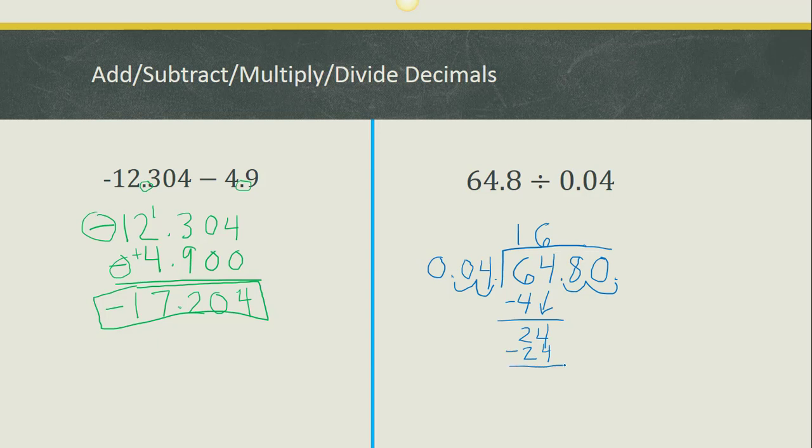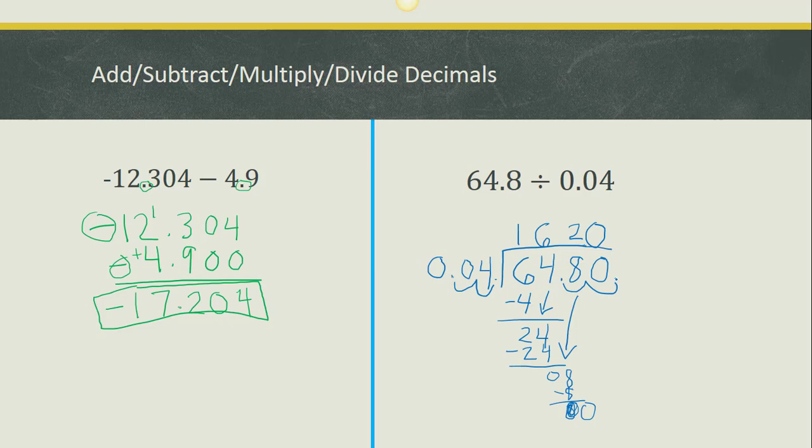We subtract. Bring down the 8. 4 into 8 is 2. 2 times 4 is 8. We bring down one more time, and we get 0. So 4 into 0 is 0.